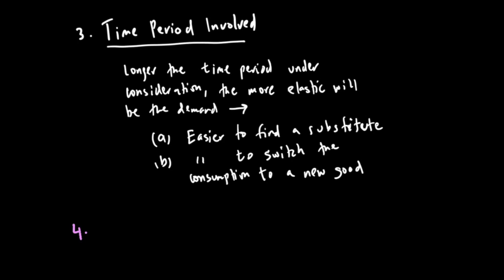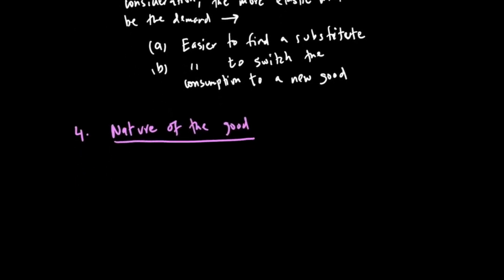The fourth factor is nature of the good. If a good is habit forming, such as cigarettes, or, for me for example, tea, for some people coffee, then the nature of the good is such that it has an inelastic demand.